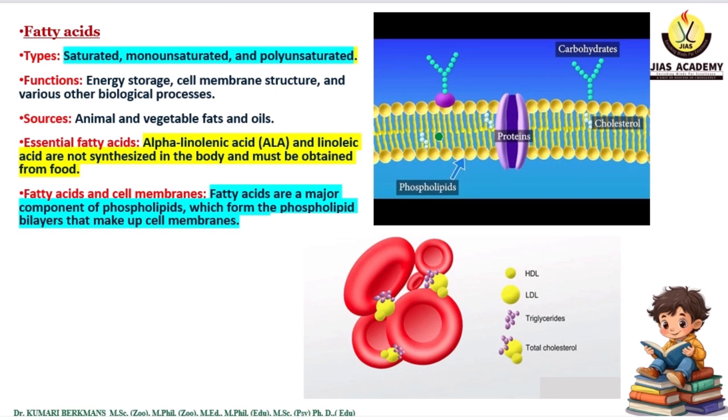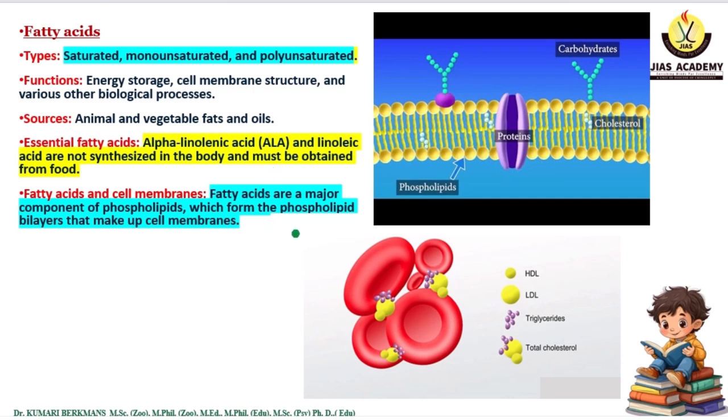Okay, those are the sources of fatty acids, vegetable oils as well as animal fat we can take. See, for example, if you take a spoon of ghee, that keeps you very, very healthy, and it is sufficient for you to do the daily function. One spoon of ghee every day. Essential fatty acids, alpha linolenic acid, ALA, and linoleic acid are not synthesized in the body and must be obtained from food.